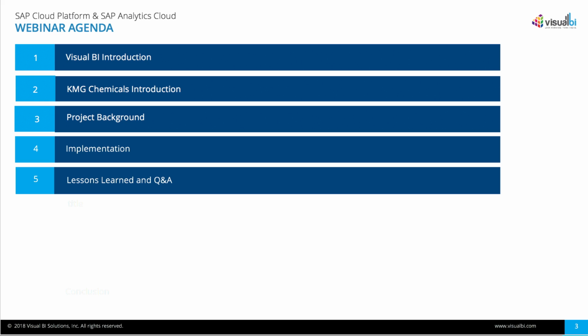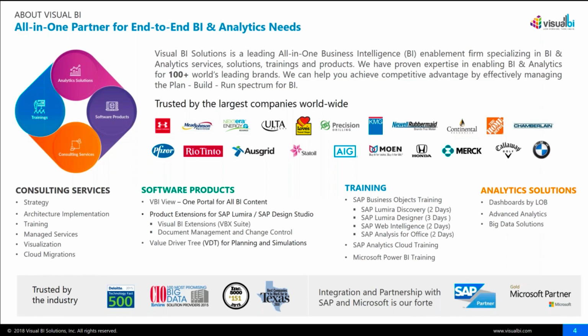The project started in December 2016, so just think about it, almost 18 months back, Frikkie and Kmg took a decision to implement a cutting-edge HANA platform and analytics cloud. It's a very exciting project, and he's going to go over the strategy and the implementation aspects of it, and also key lessons learned and some of the other additional use cases, and then he will make time for the Q&A.